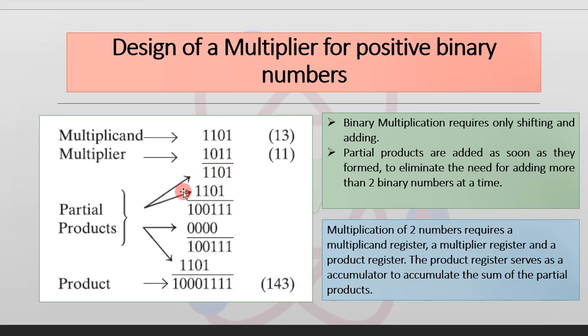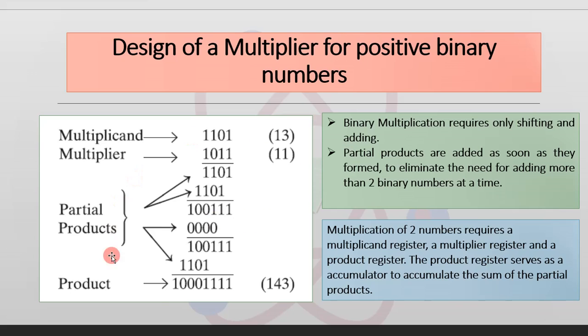So these intermediate multiplication operations, or the products that we have obtained, are termed partial products. In this method, we are continuously performing shifting and adding operations so that we can eliminate the need for adding more than two binary numbers at a time.